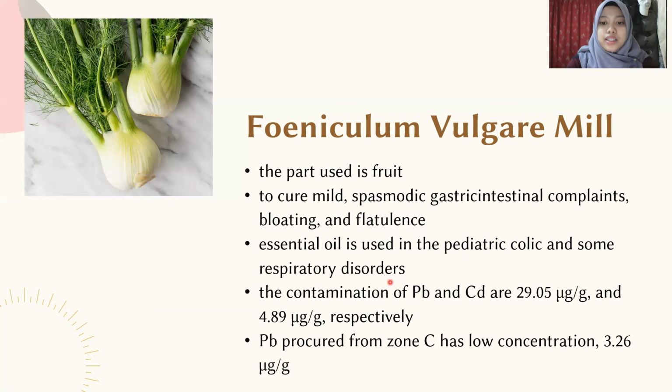The Pb and the Cd contained in these herbs are 29.05 microgram per gram for the Pb metal, and for the Cd metal, the concentration is 4.89 microgram per gram. However, in zone C, the contamination of the Pb is at the lowest concentration, 3.26 microgram per gram.